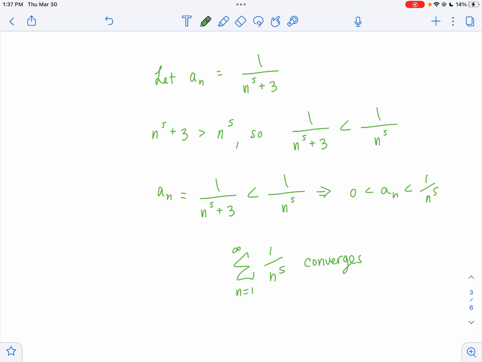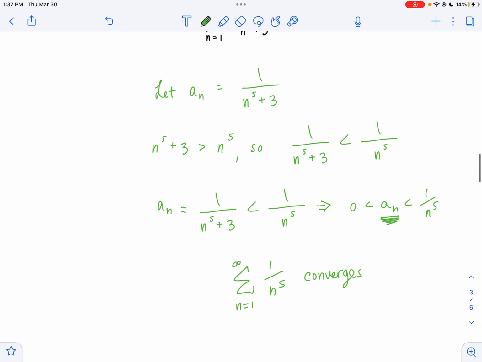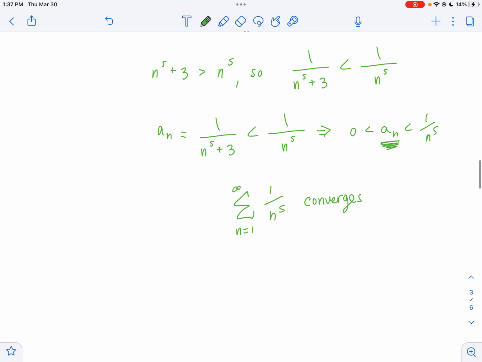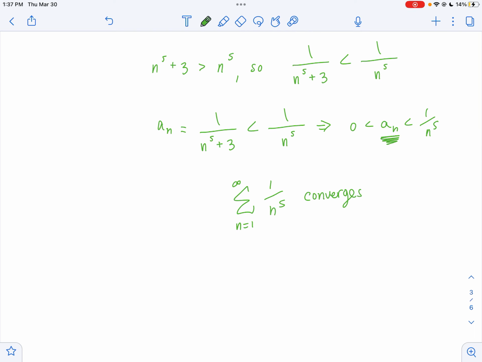So because our a sub n, the series we started with, is between 0 and a convergent series, that means that our series, the one that we're looking at, 1 over n to the fifth plus 3, has to converge.